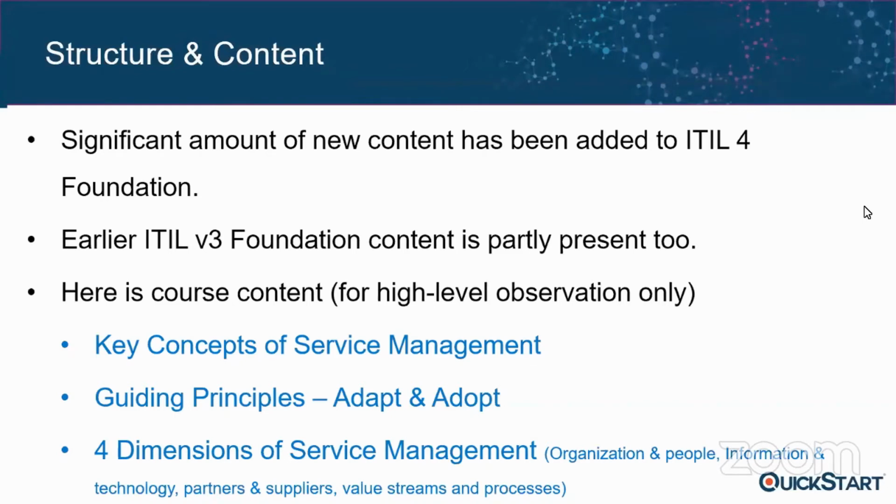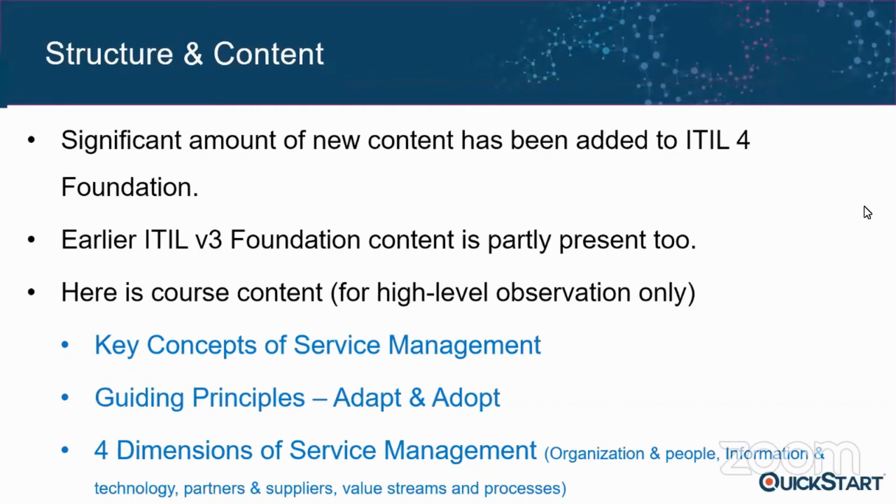Then the third topic you see here, 4 dimensions of service management. This is also a little different, because in version 3, we used to talk about the 4 Ps, the people, partners, products, and processes. But they have made changes into this, and now instead of 4 Ps, they talk about 4 dimensions.